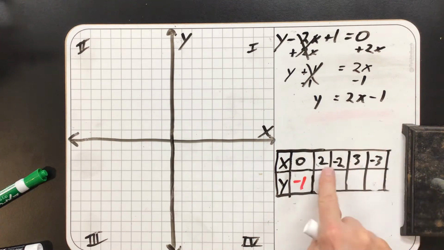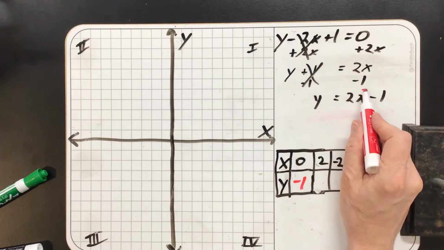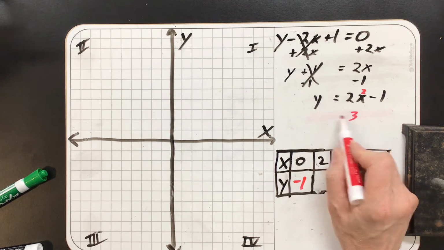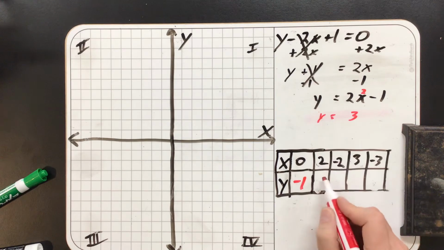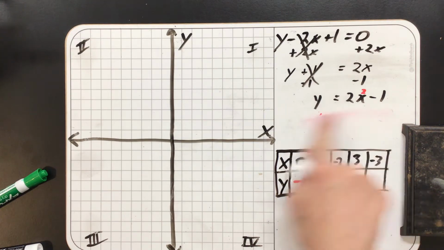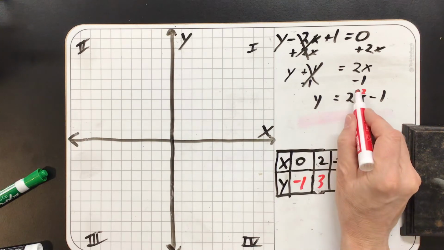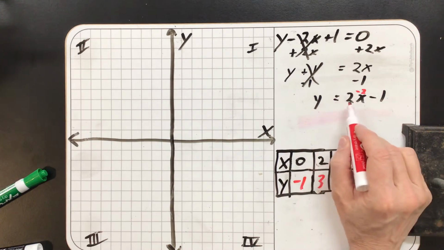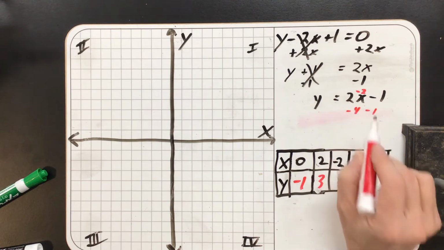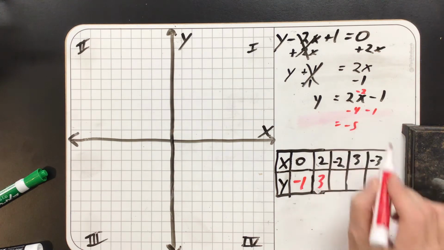Okay. I can also plug 2 into this equation. Instead of x, put 2. So 2 times 2 is 4, minus 1 is 3. So y equals 3. So when x is 2, y is 3. And instead of 2, I'll say negative 2. So y is 2 times negative 2, or negative 4, minus 1 is negative 5.